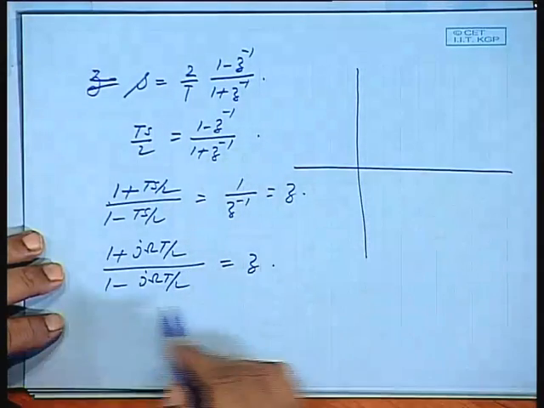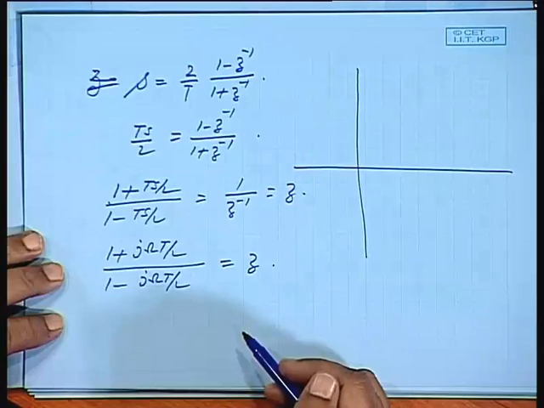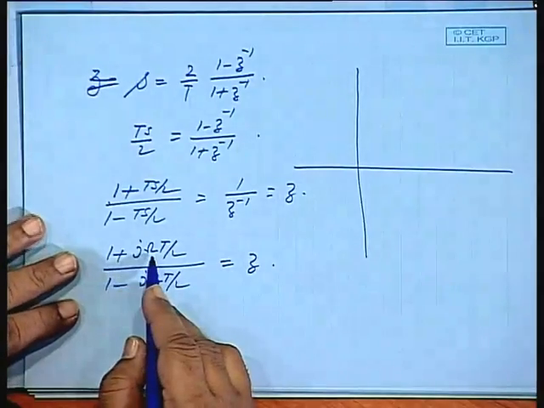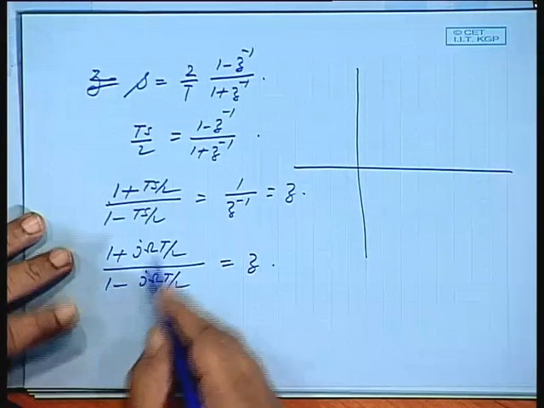So, what is the magnitude of this and what is the angle? See, here the angle is tan inverse of omega T by 2, and in the denominator minus of that, so that will become plus.